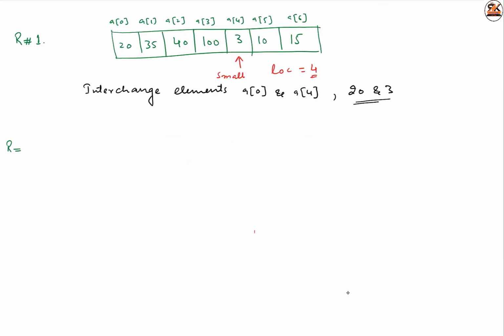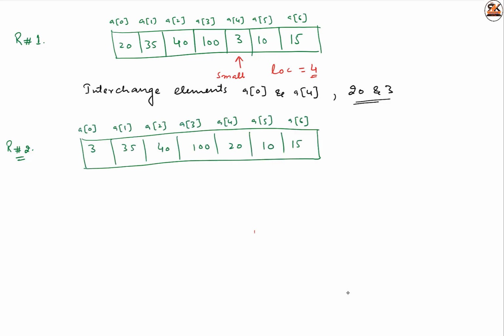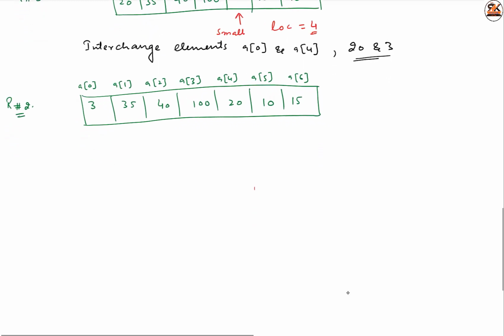Now in round 2, after interchanging the elements 20 and 3, we have an array like this. And now we see in the rest of the array, ranging from a1 to a6, we have to find the location of the smallest element, and out of all these elements the smallest element is 10. So I will write here smallest element is 10 and its location is 5.